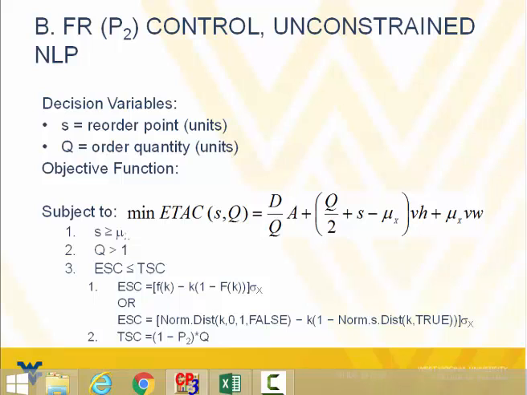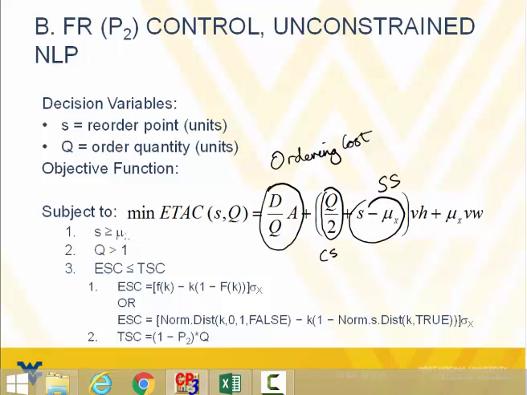This is, and again, going back to 355, this is your ordering cost. And I gave you these values in the last lecture as well. This is your cycle stock. And this is your safety stock. And then this is the dollar value to convert those into cost.